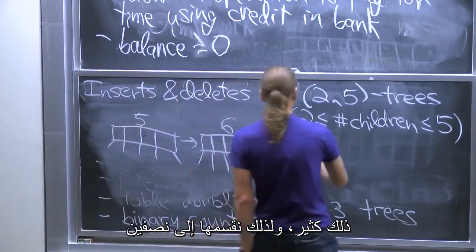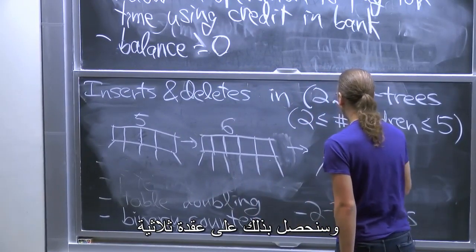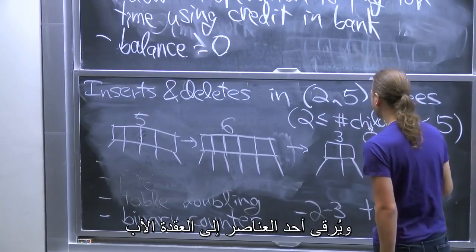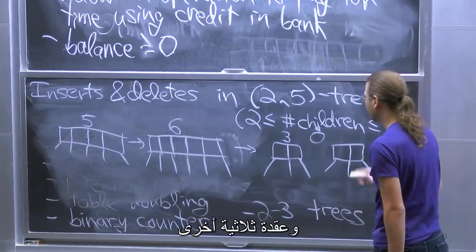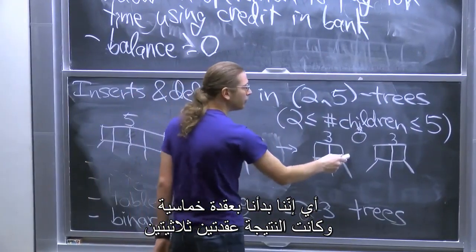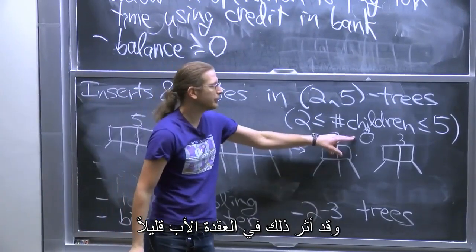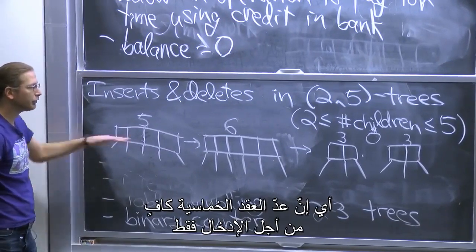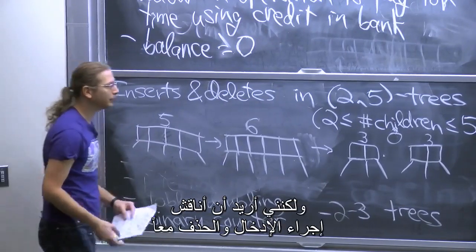So I'm going to split it in half, which is going to leave a 3 node and a single item, which gets promoted to the parent, and another 3 node. OK, so we started with a 5 node. And the result was 2 3 nodes. Okay, that's split. And we also contaminate the parent a little bit. But that may lead to another split, which will look like this again. So if we're just doing insertions, fine. We just count the number of 5 nodes. No different, right? But I want to do simultaneously insert and delete.